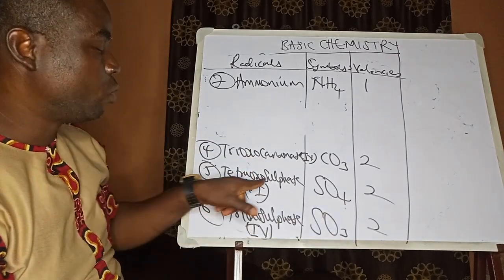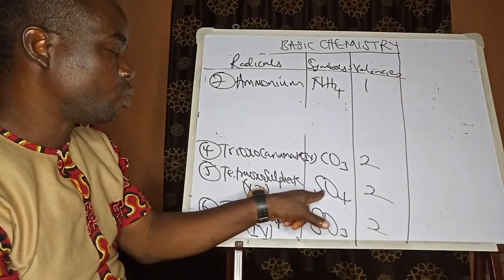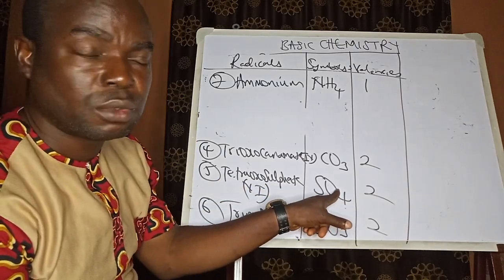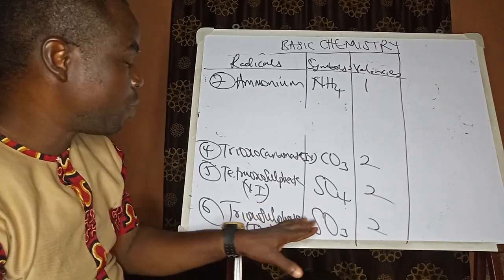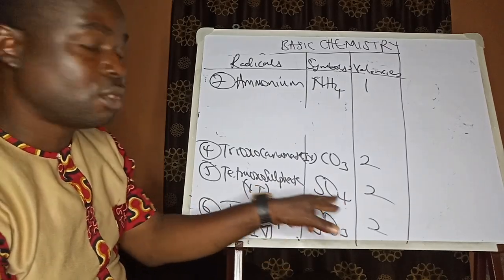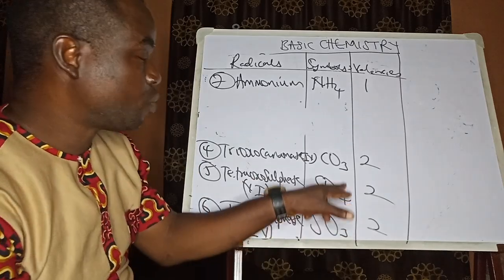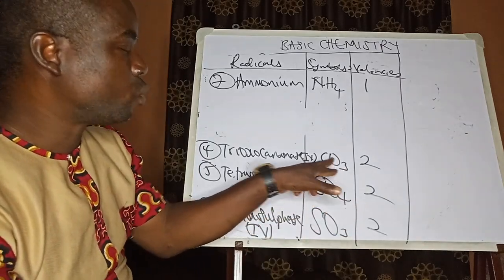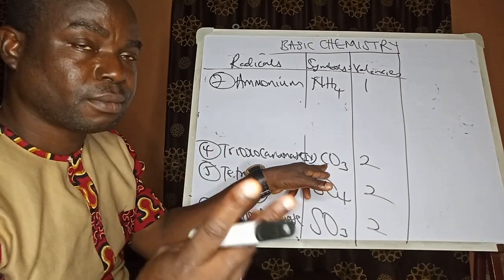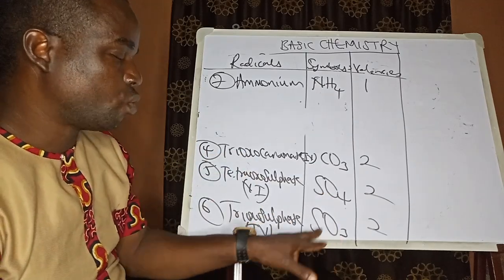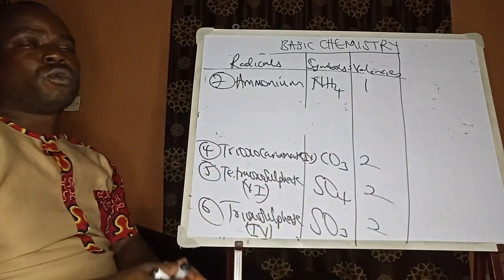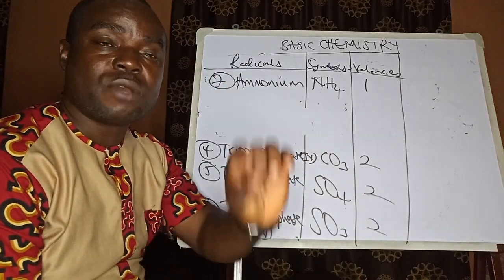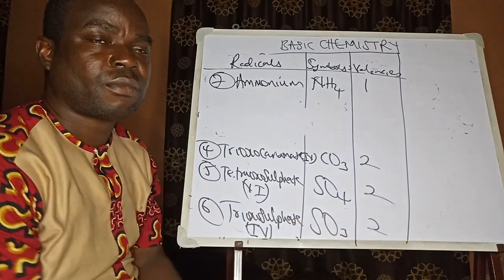Like this one that is tetraoxosulfate, oxo means oxygen, sulfate means sulfur, and tetra is 4. This one is trioxocarbonate, that is 3. This one is trioxosulfate, 3. So make a copy of these radicals. Like I said, along the line we'll make use of it in the series.